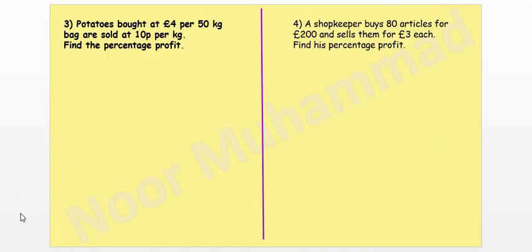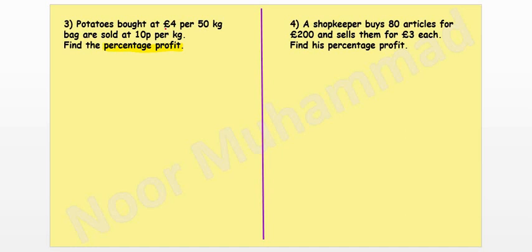Let's solve now these two questions. These two questions are a little bit different from the other questions. Potatoes bought at 4 pounds per 50 kilogram bag are sold at 10 pence per kilogram. Find the percentage profit. So if you look at the keywords, we have percentage profit. It means first of all I have to know how much is the profit.